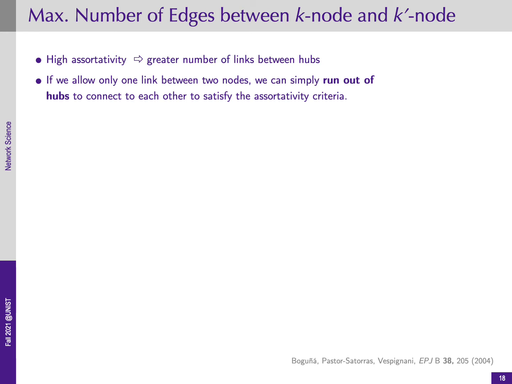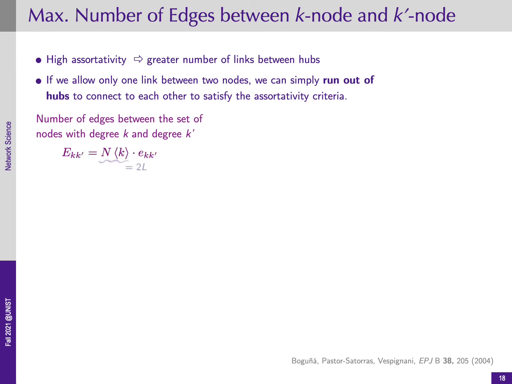But as long as we allow only one link, as long as we stick to a simple graph, we can simply run out of hubs to connect to each other to satisfy the assortativity criterion, which was the neutrality criterion in the previous slide. So again, according to the previous neutrality condition, we expect this many connections between the two nodes with degree k and k prime.